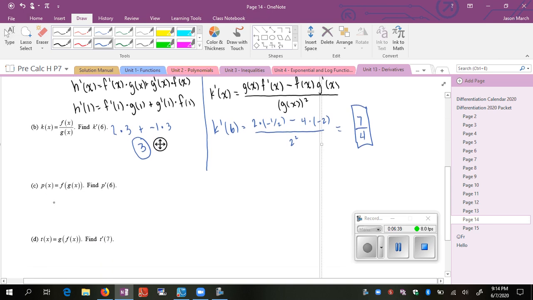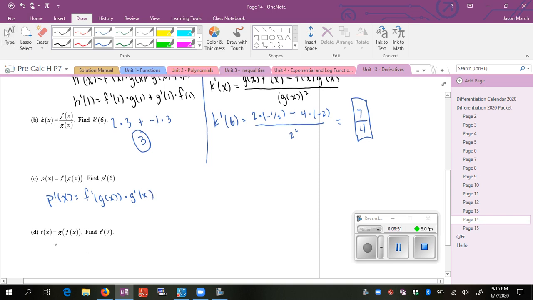So P prime of X is going to be F prime of G of X times G prime of X, and for T prime of X, we're looking at the reverse of that.